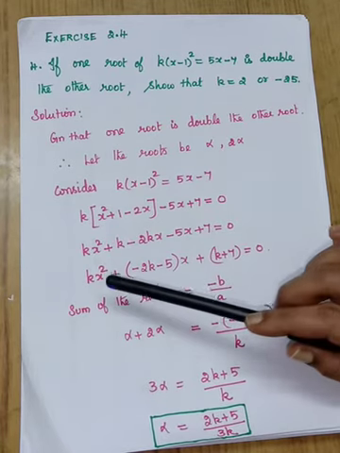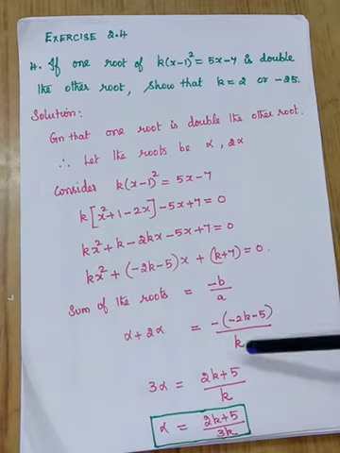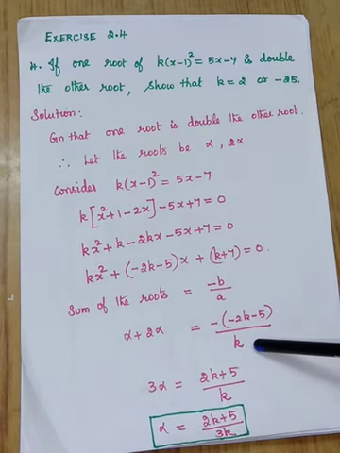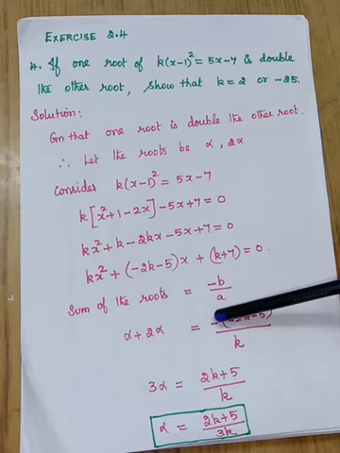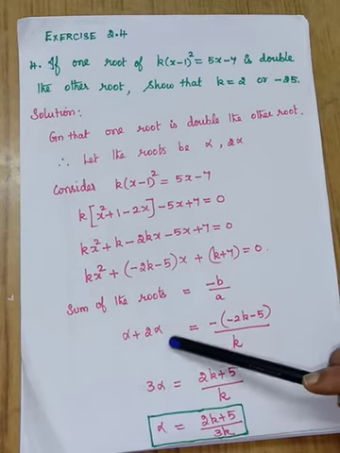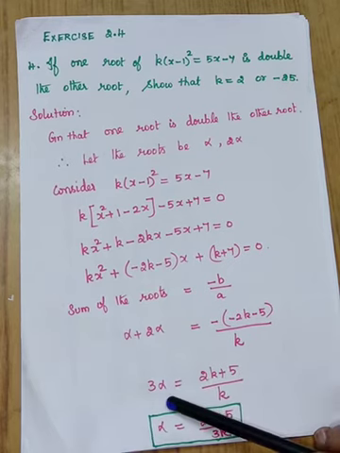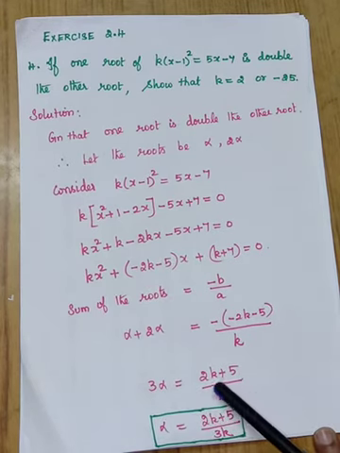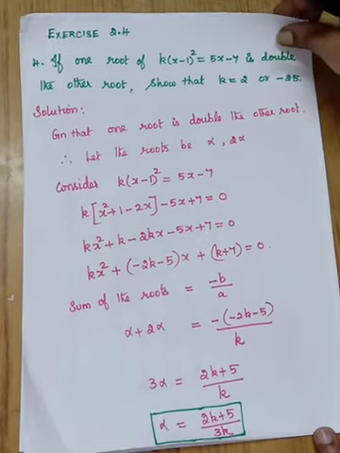What is a? It's the coefficient of x², which is k. From these two terms, minus is common, so minus into minus will become plus. So 3 alpha is equal to (2k + 5)/k. From this, alpha is equal to (2k + 5)/3k.